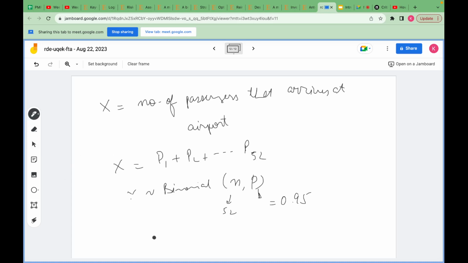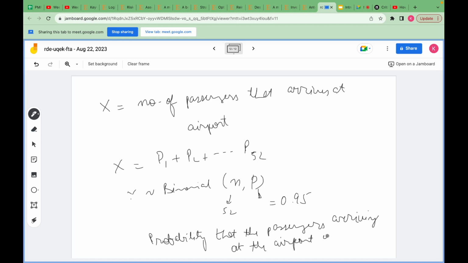Now the question is the probability that the passengers arriving at the airport are assigned a seat.